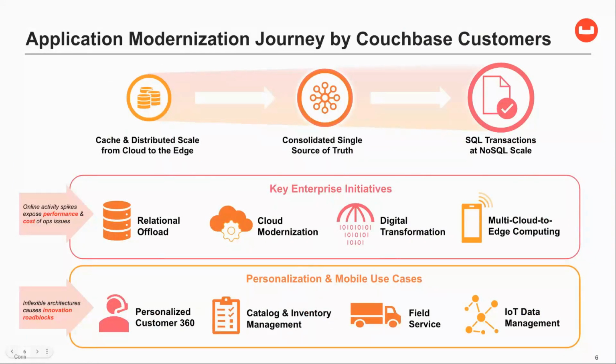So let's talk about some of the customer pain points that we're seeing. Customers come to us for a number of different reasons, but the first set of pains is traditionally online activity spikes that are exposing performance and/or cost of operation issues. For customers, the performance of their existing systems is getting overloaded, like on Black Friday, or like when the pandemic hit and everybody went home and online.